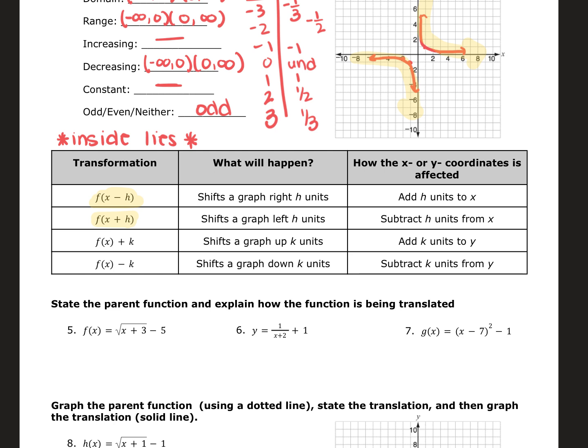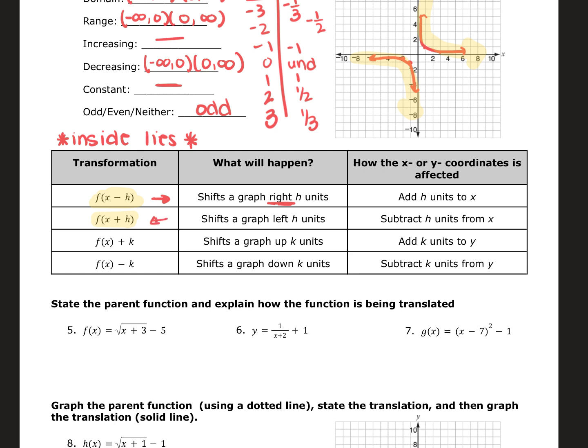So when I looked at that first one, f of x minus h, to me the minus h would tell me I'm moving left the h value. But it's inside the function, so it's lying to me. So this one's actually going to move right that number that it's adding or that it's subtracting. The f of x plus h, okay, I would think it's telling me to go to the right because it's plus, but it's inside the function, so it lies.